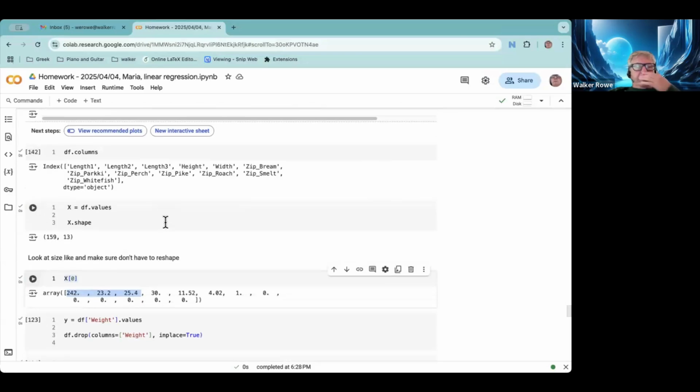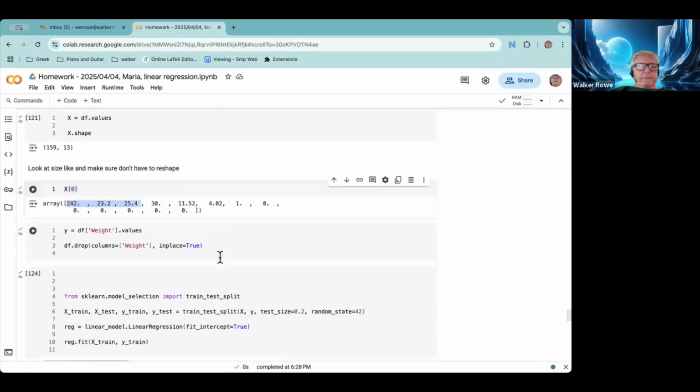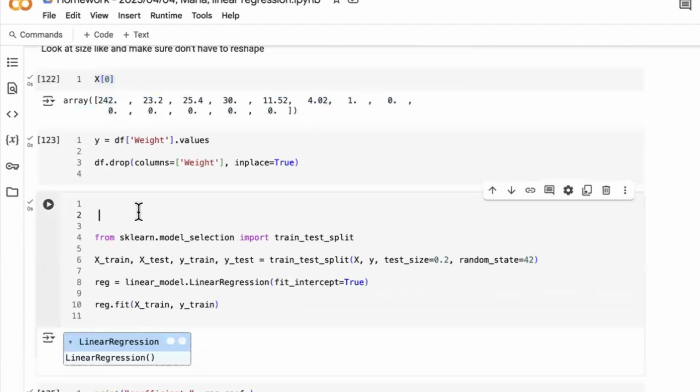Didn't mess it up. You have to be careful about that. Now, Y is this? We take the weight, and then I got rid of the weight because I don't need the weight in the input. I don't need the weight because weight is what we want to calculate. But anyway, so now we run this.